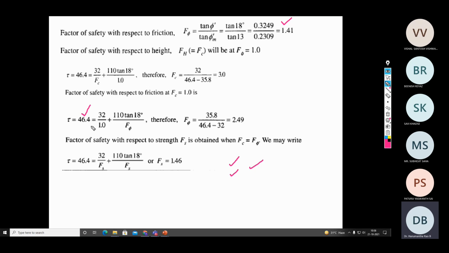Take the mobilized shear strength as 46.4 and equate the shear stress with the shear strength divided by the factor of safety, which is desirable. So 46.4 is equated to 32 by F s plus 110 into tan 18 by F s. If you simplify and calculate, F s comes out to be 1.46.